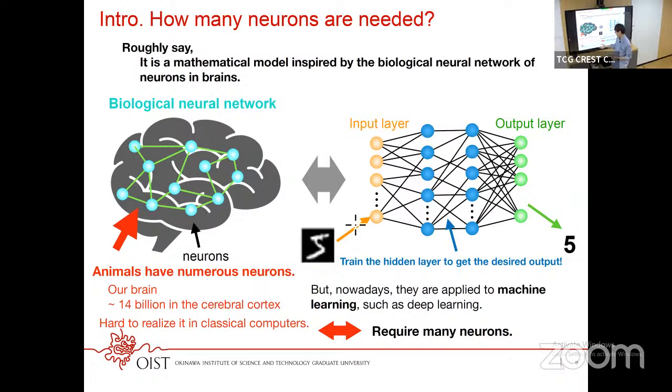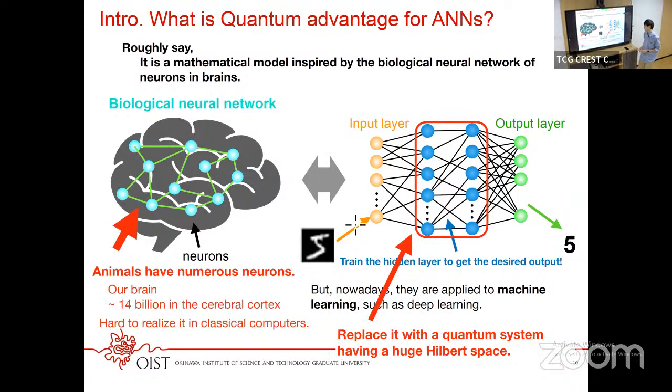It is hard to realize this in a classical computer, because realizing the same number of neurons as in our brain in a laptop or classical computer requires a huge size, and it's difficult. However, it might be possible to replace this part with a quantum system because it has a huge Hilbert space.